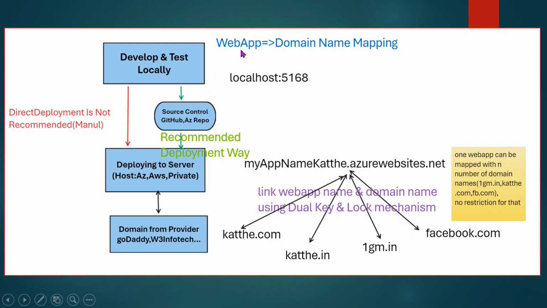Now you created the code, pushed it to source control, and then made it deploy to the server. In my case, it is Blazor in demo.azurewebsites.net, but for end users I can't give that name. So how do you link it to a domain from a provider like GoDaddy, purchase and all? For that, I made another video. Probably I'll mention it in the description. Just check it out.